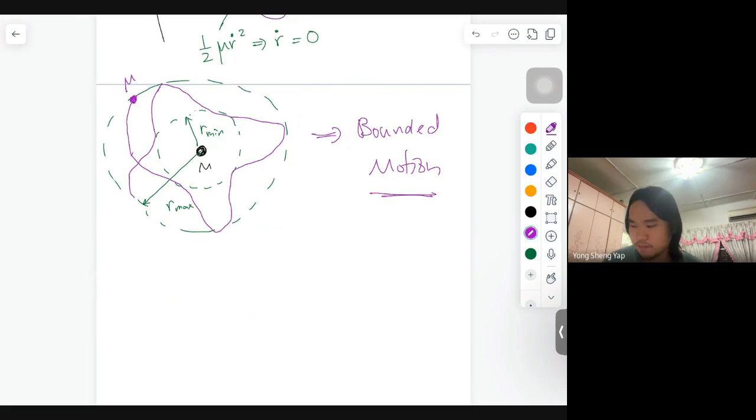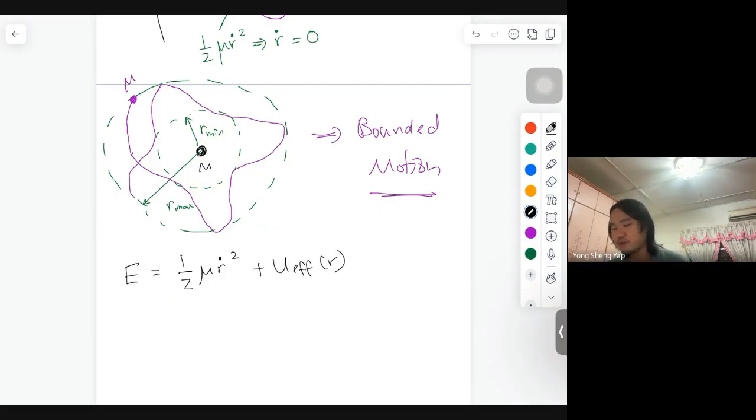Remember that the energy is 1/2 mu r dot squared plus the effective potential.